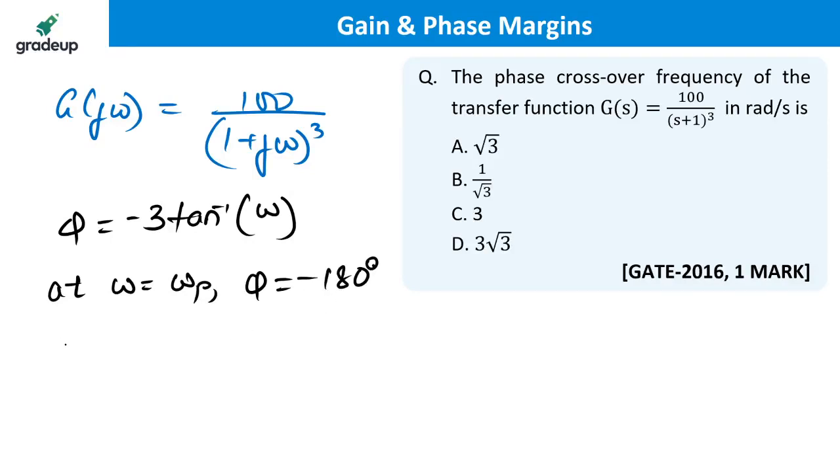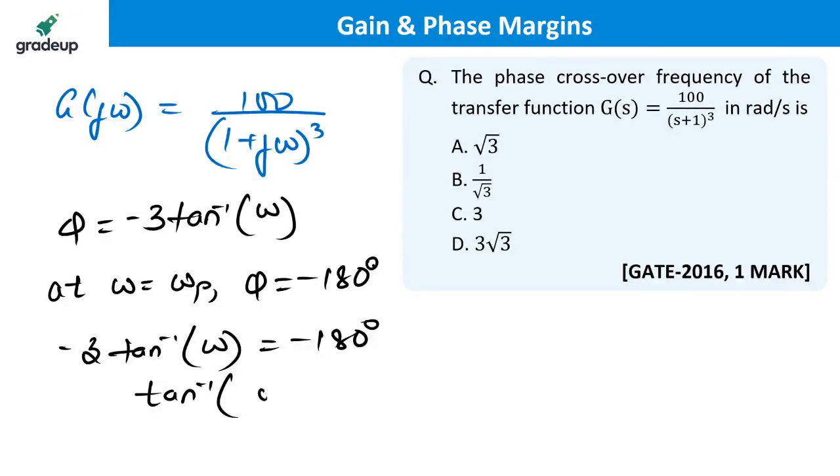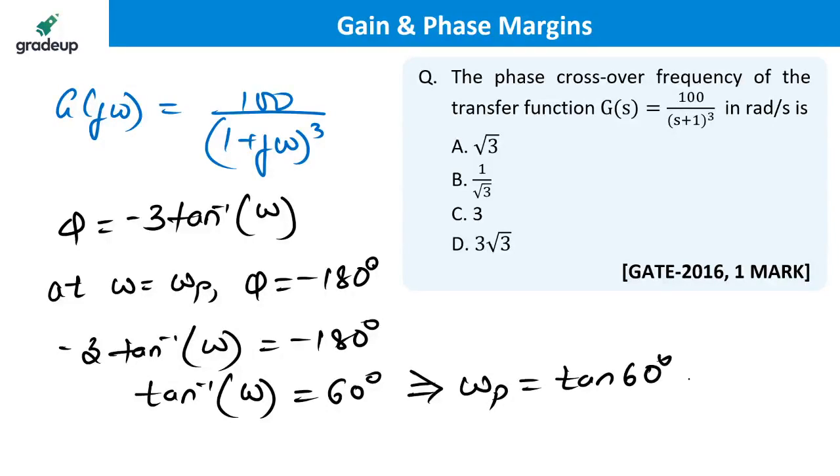Minus 3 tan inverse omega is minus 180 degree. So what is tan inverse omega? Cancel by minus 3. Tan inverse omega is 60 degree. Okay, and that is achieved at omega p equal to tan of 60, and tan 60 is root 3.